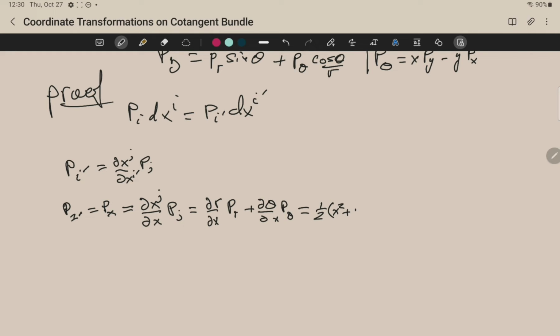The first gives one half times 2x, which gives x over r, so that's cosine theta times Pr.